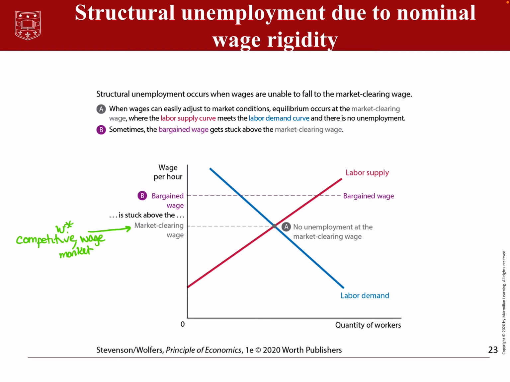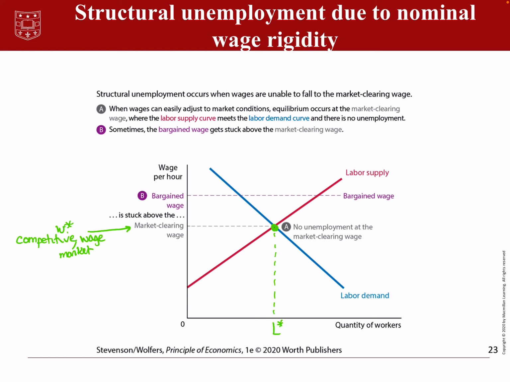At this L star, the quantity demanded of labor and the quantity supplied of labor are the same. And by definition, there is no unemployment at that market clearing wage.